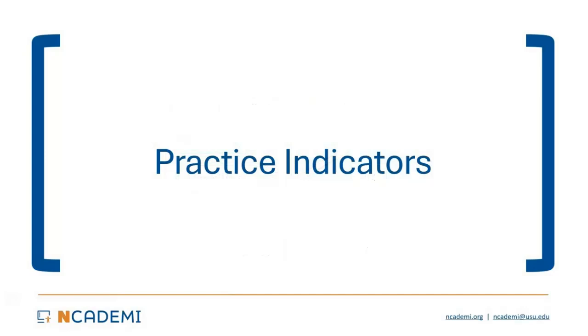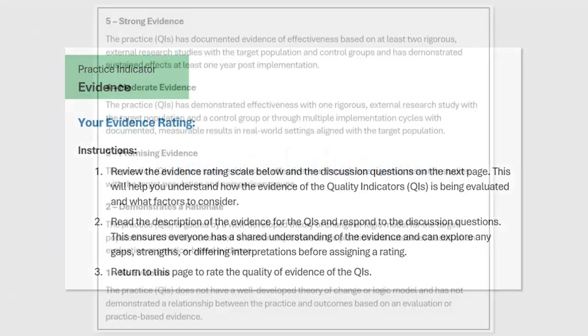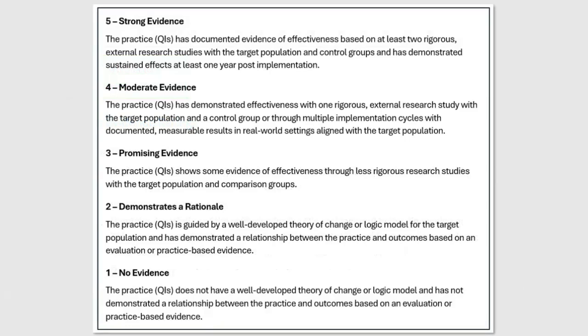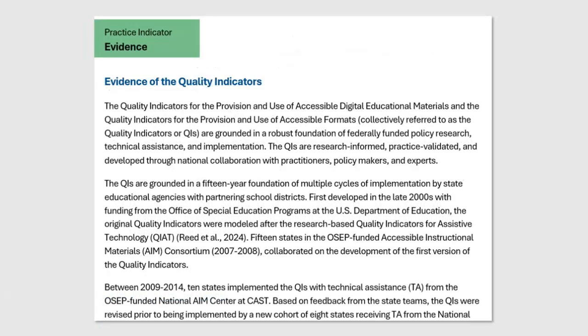To dive a little deeper, it's helpful to know that the practice indicators are designed with supporting documentation to help guide your discussion. Each indicator includes a simple 3-step process, detailed rating descriptions, discussion questions with space for notes, and supporting documentation that provides context, definitions, examples, and other information to help your team efficiently answer the questions with confidence.